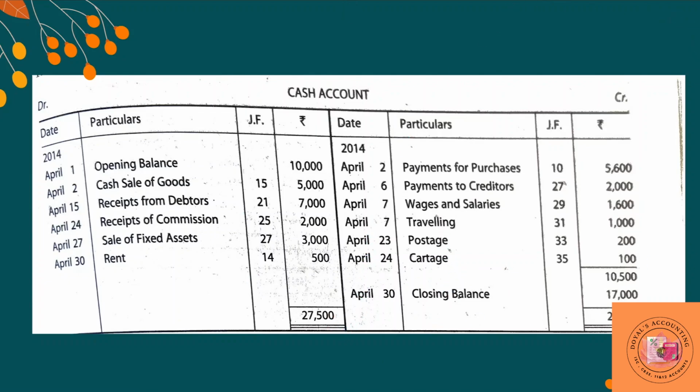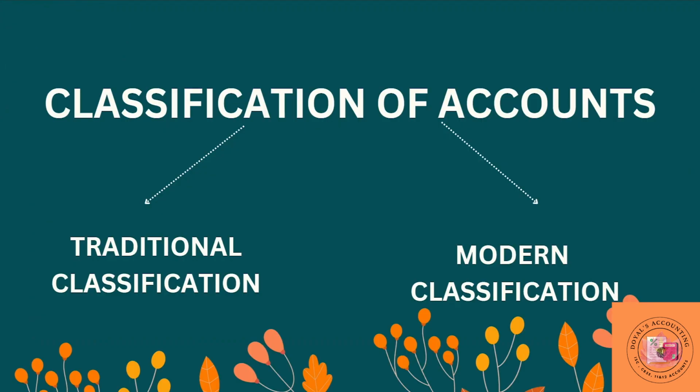To further understand how transactions can be classified into debit and credit, we need to understand how to classify accounts. Now, to classify accounts, there are two systems. One is the traditional classification method and one is the modern classification system.